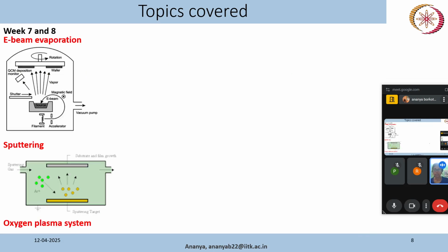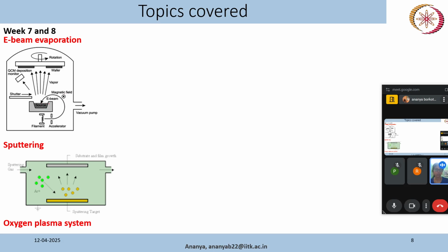Next, in weeks 7 and 8, we discussed thoroughly e-beam evaporation and sputtering. In e-beam evaporation, we use an electron beam. There will be one filament, where we apply enough energy so that electrons get ejected, and these electrons will be directed towards the source material by using a magnetic field.